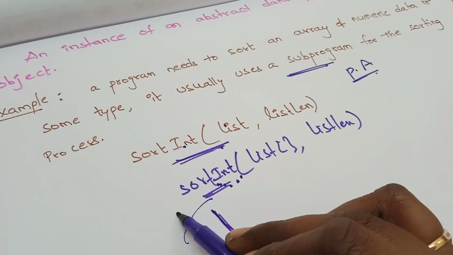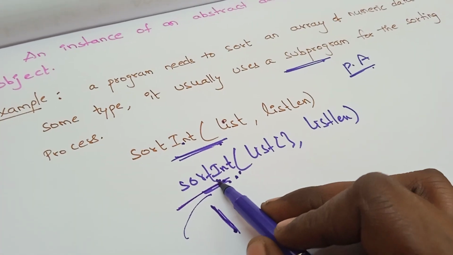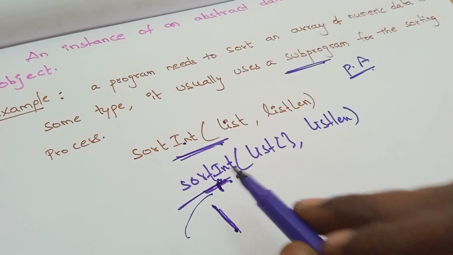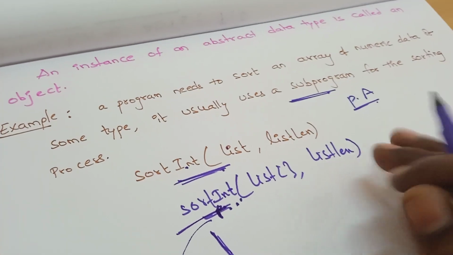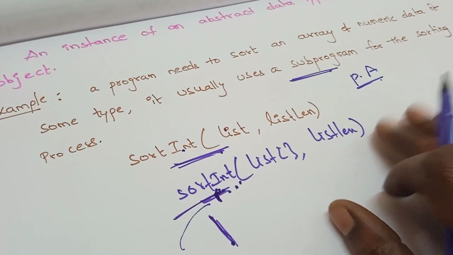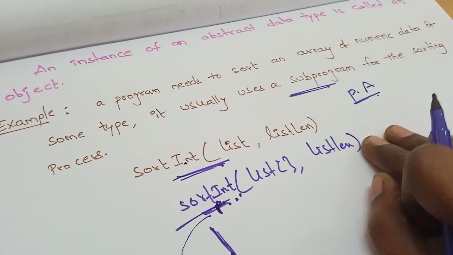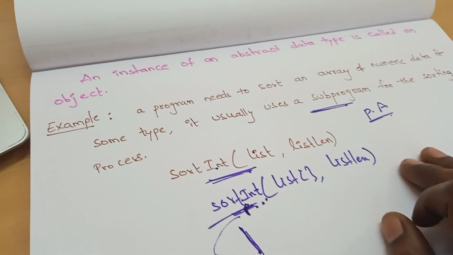Correct? But this is called an ADT, as I am not implementing any code over here. So you can say every calling procedure, every calling subprogram is an ADT. Process abstraction means this. Thank you all.